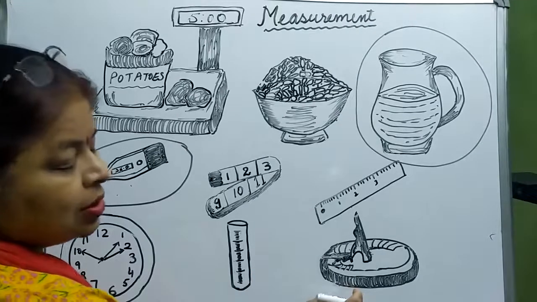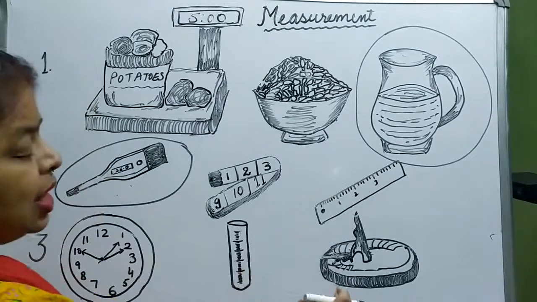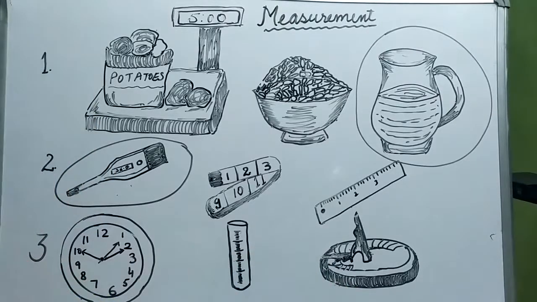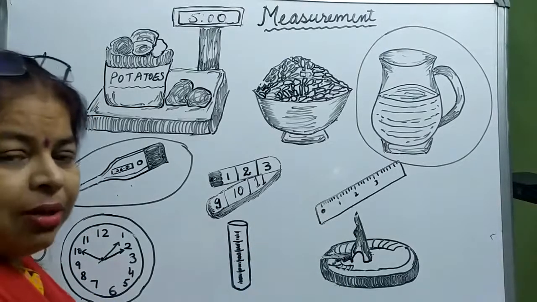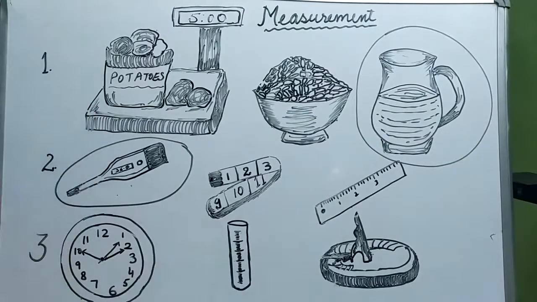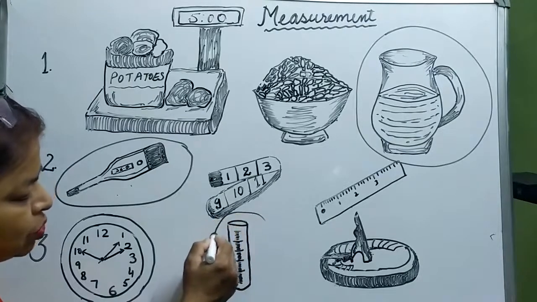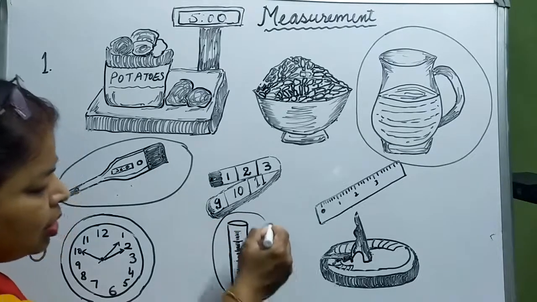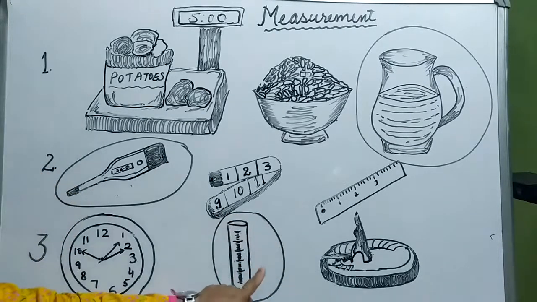What about this? This is the sundial, used to find out the time span during the day. So out of them, which one is the odd one out? This test tube. Why? Because it is used to measure the volume of some liquid substance.